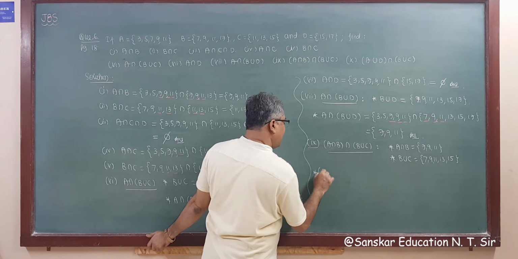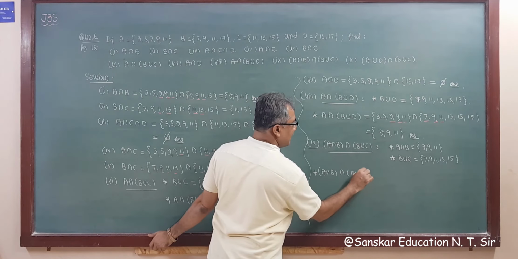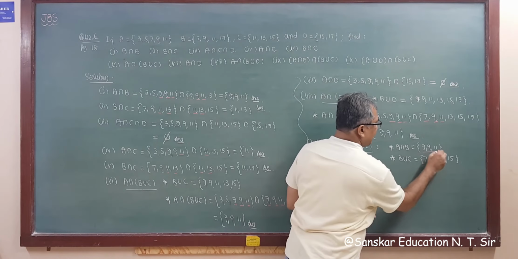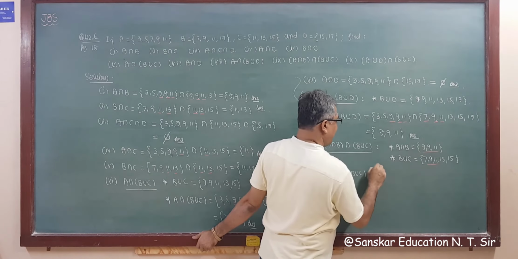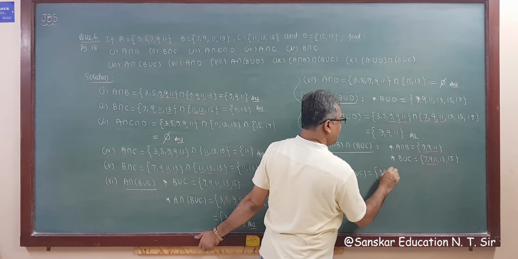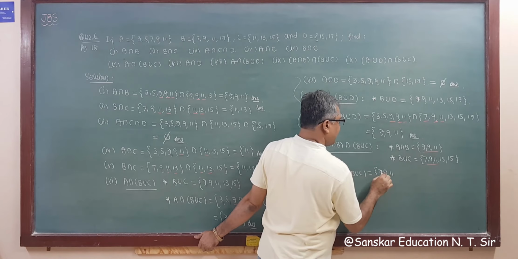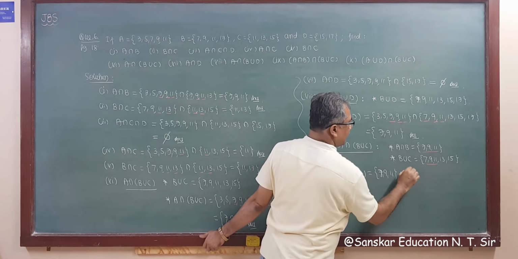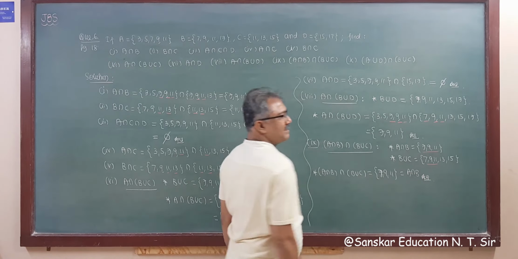So A intersection B intersection B union C is equal to, now the common elements from this are 7, 9, 11, right? That is A intersection B. So 7, 9, 11 is your answer, which is A intersection B itself. So this is your answer.